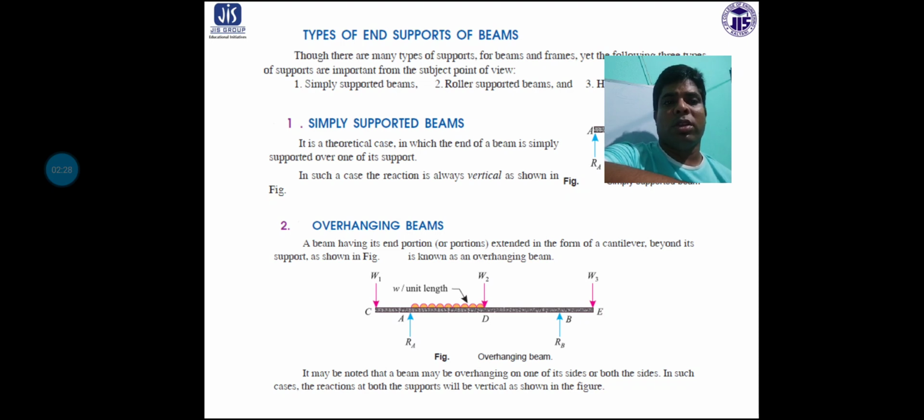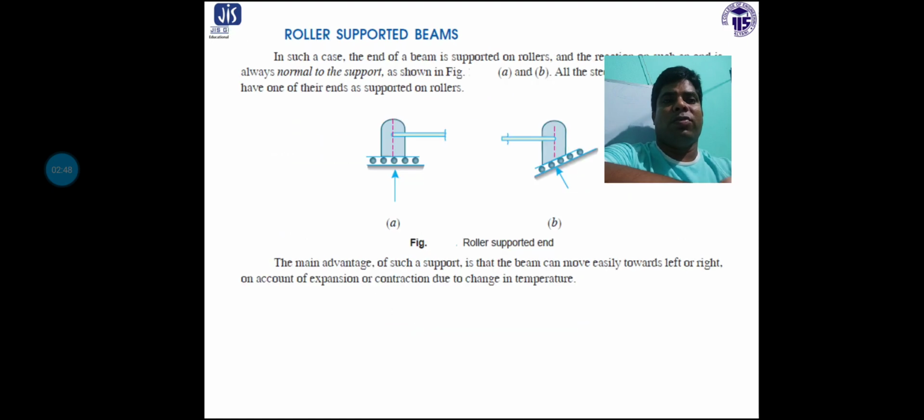So it may be noted that the beam may be overhanging on one of its sides or both sides, and in such cases the reaction at both the supports will be vertical as shown in the figure.